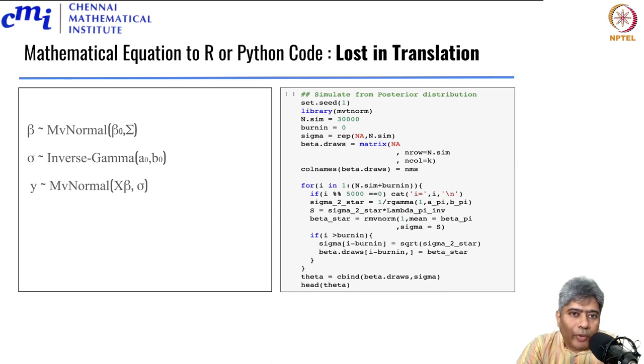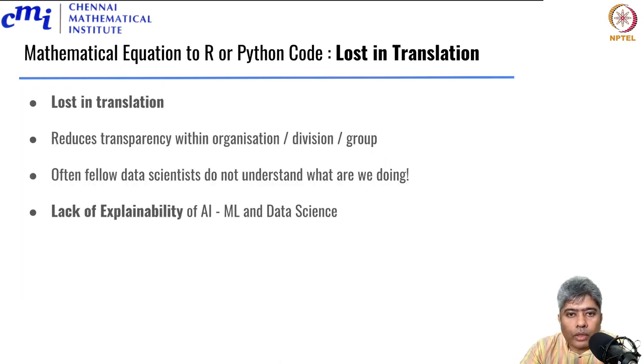But the point I'm trying to make here is that between the way we write our mathematical equation and the way we code them in our programming languages R and Python, many things get lost in translation. And as things get lost in translation, it reduces transparency within the organization, within the division, even within the same peer group.